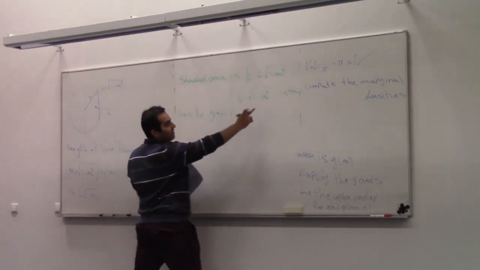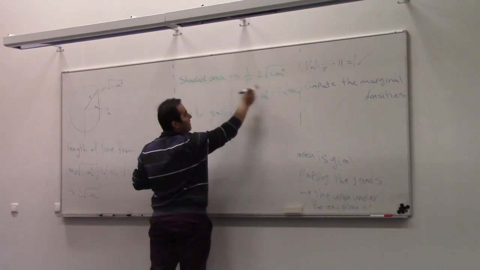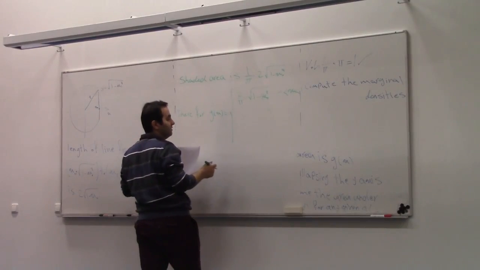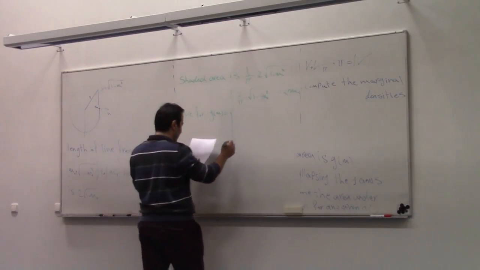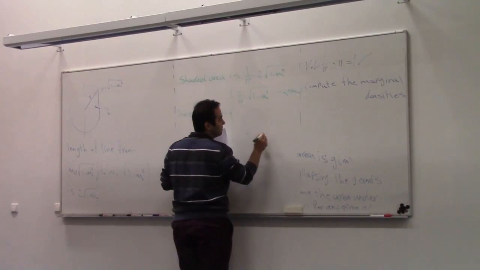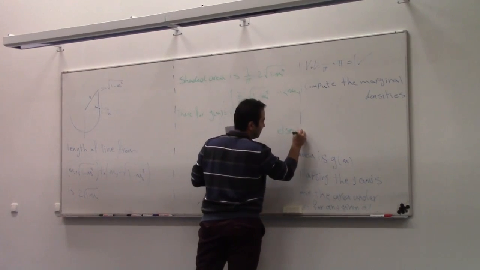Then we can say that between minus 1 and 1 we have this value for J(x), and 0 else there.